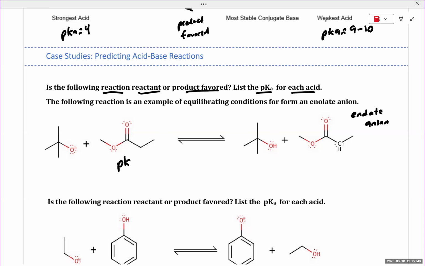So thinking about pKa values, the pKa value of an ester is somewhere around 30. Well, actually, it's closer to between 25 and 30. The pKa of an alcohol, even a tertiary alcohol, is around 17 to 18.